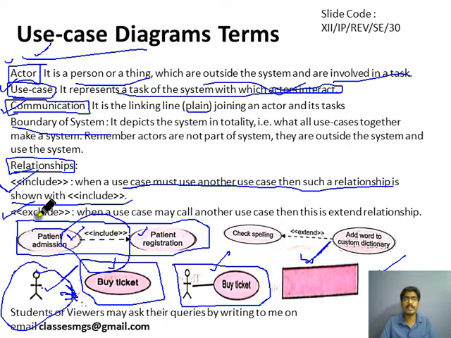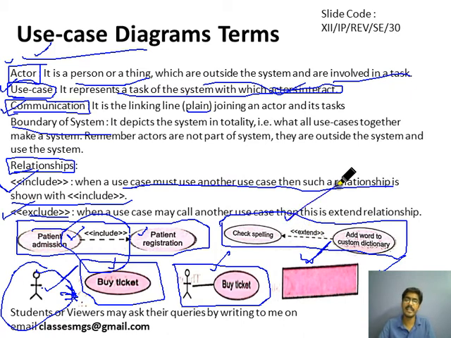And another kind of relationship is exclude, in which one use case may be dependent on another use case or may not. Suppose in a dictionary, if we are typing and checking the spelling of some word, and this word is not found in the dictionary, then what we do, we can add this new word into the dictionary or we can skip it generally.